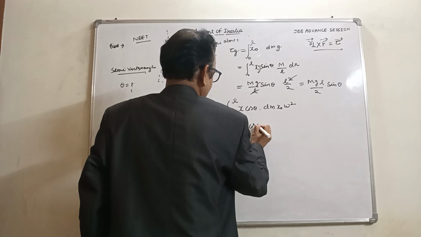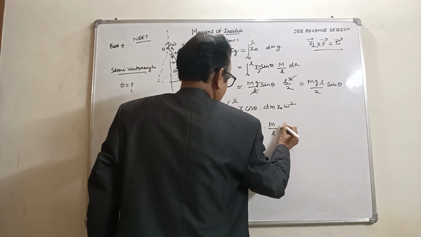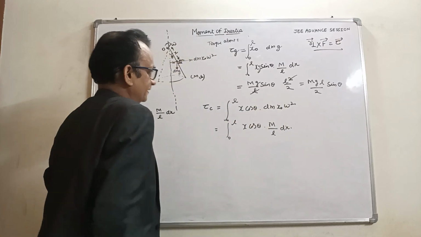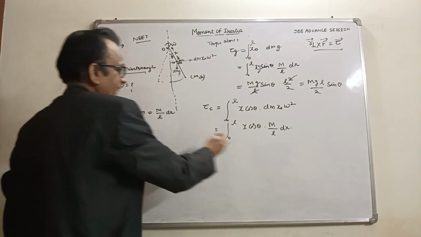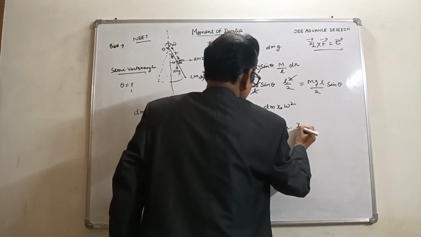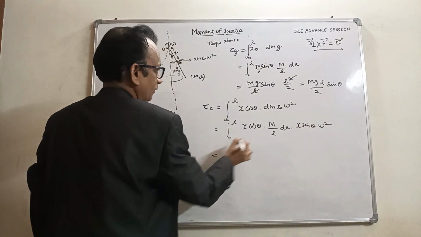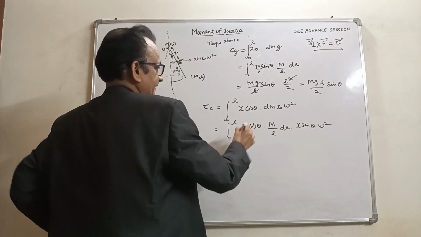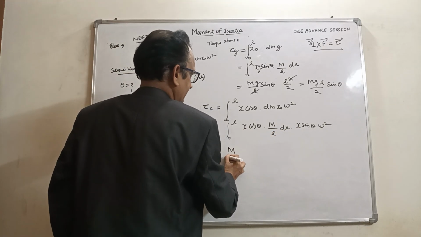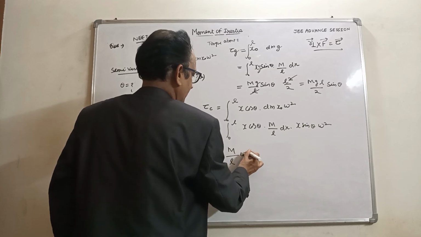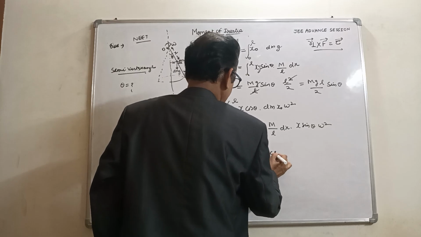So x cos theta, dm would be m by l into dx, and x naught would be x sin theta, and omega square. So x square, and integration of x square over dx. So m by l omega square, and sin theta cos theta common.